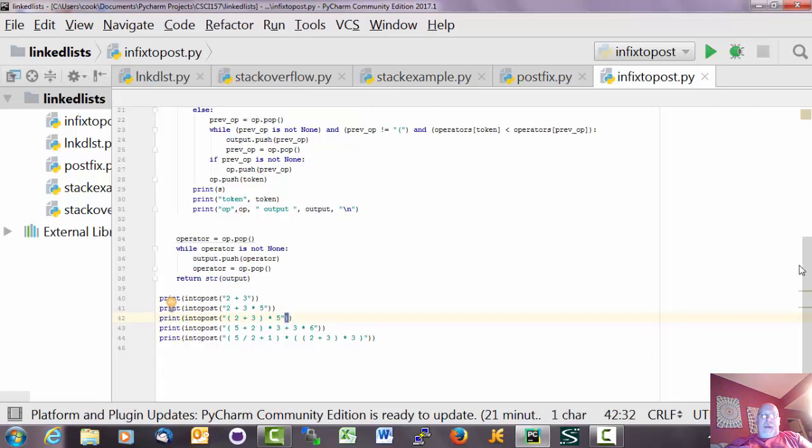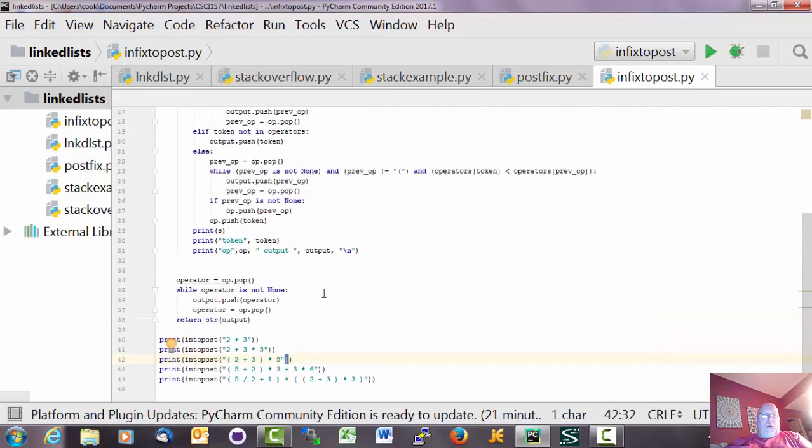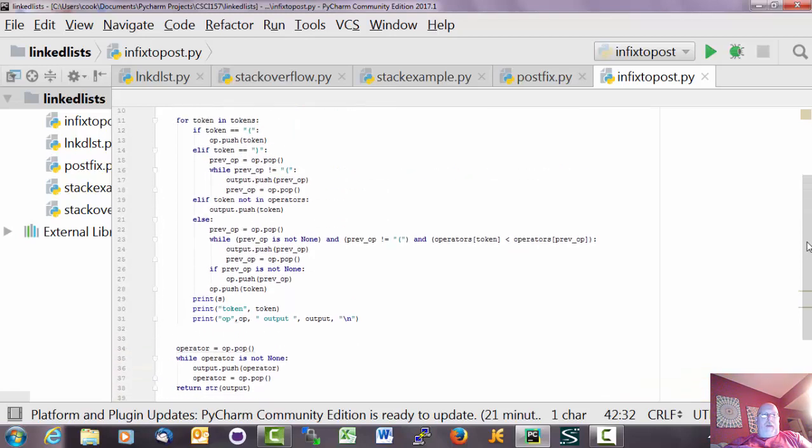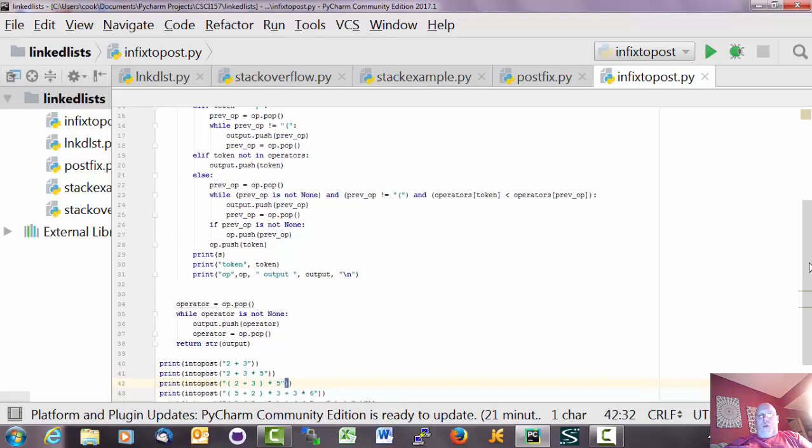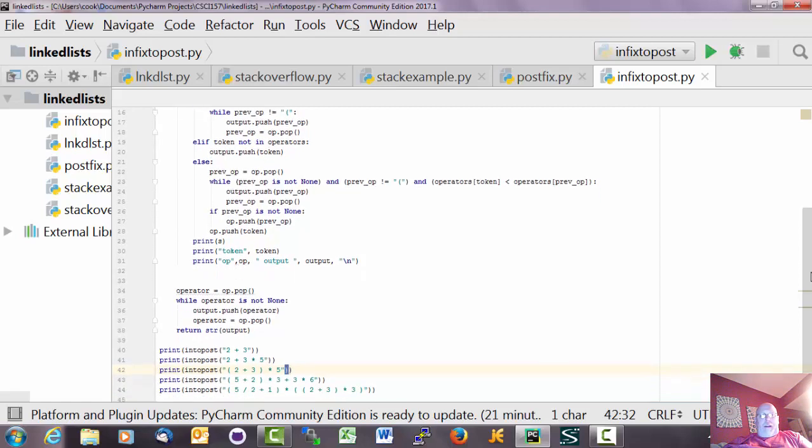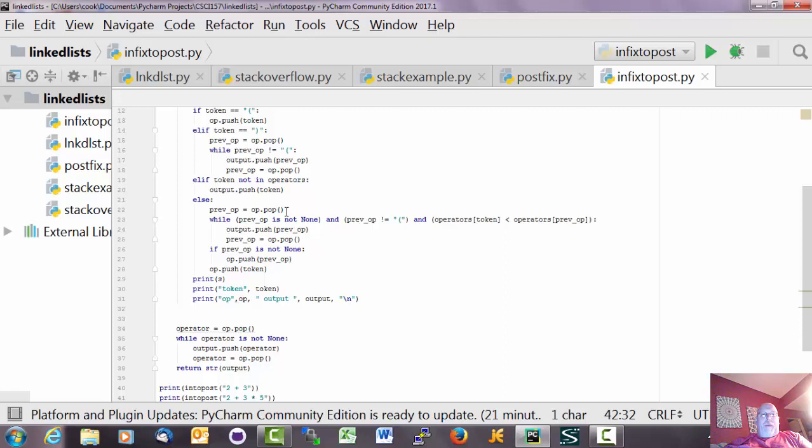The other possibility is that we have an actual operator: a plus, a times, divides, subtracts. In this case, if the token is an operator, we need to see if we're following the order of precedence or not. So we're going to pop the previous operator off from the stack.